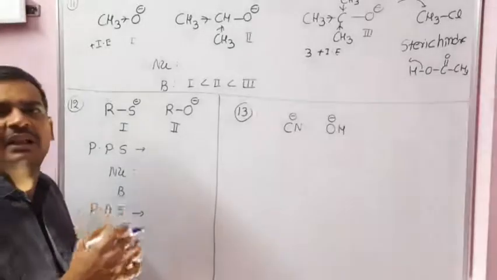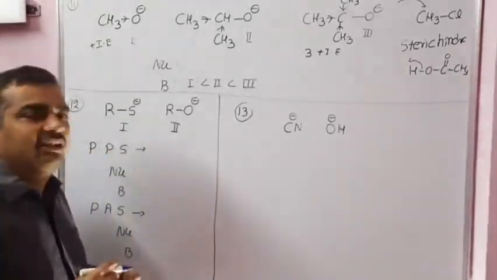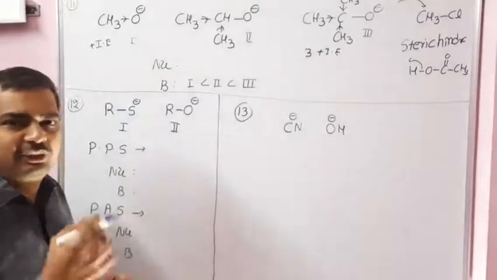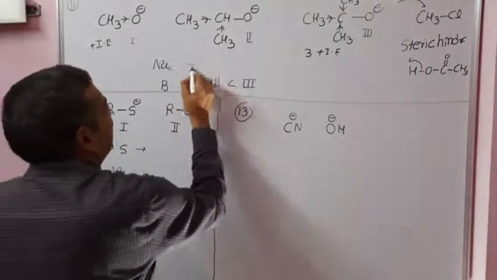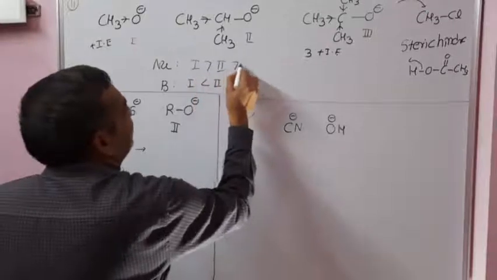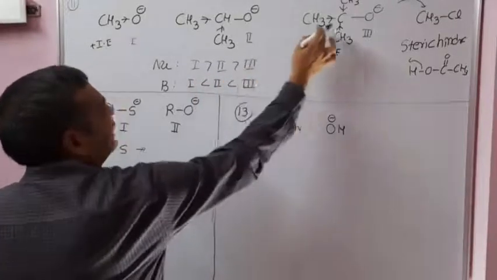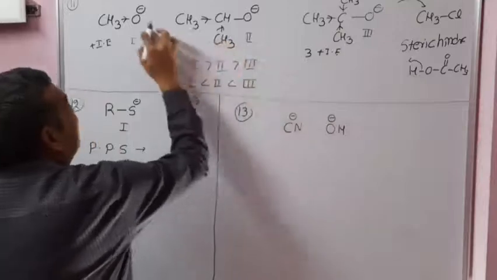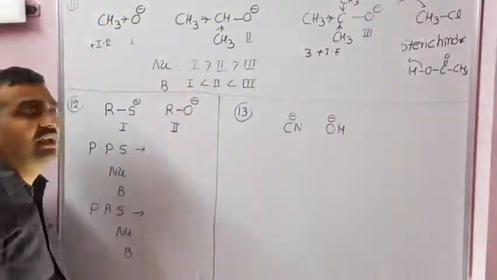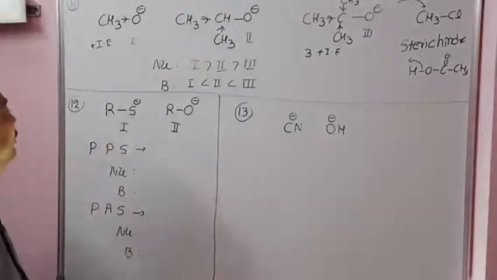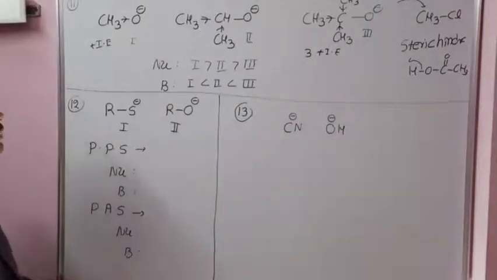Always the less sterically hindered negatively charged particle will readily attack. The nucleophilicity order is like this. Electron density is maximum here, but there is more steric hindrance. Electron density is less here, but it is sterically less crowded, so that will readily attack. Very important. So coming to the 12th example, RS minus and RO minus.